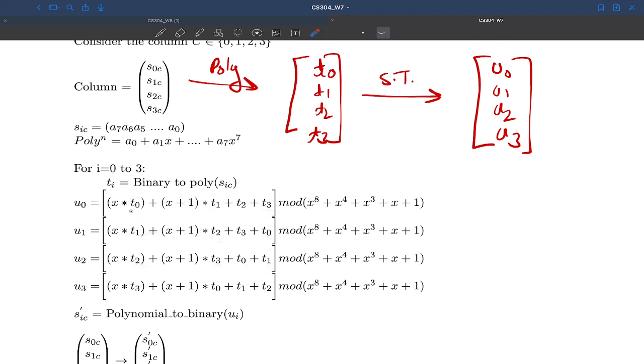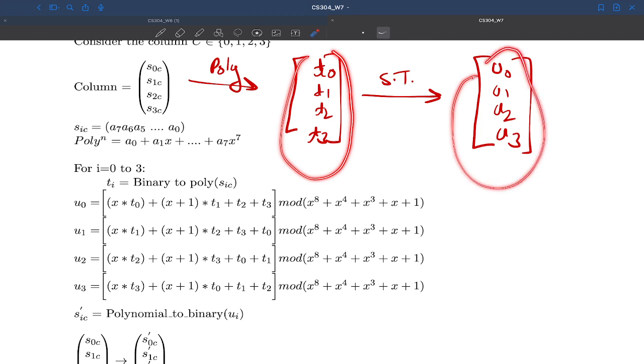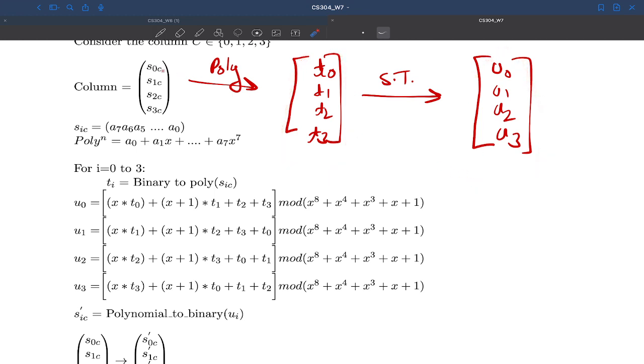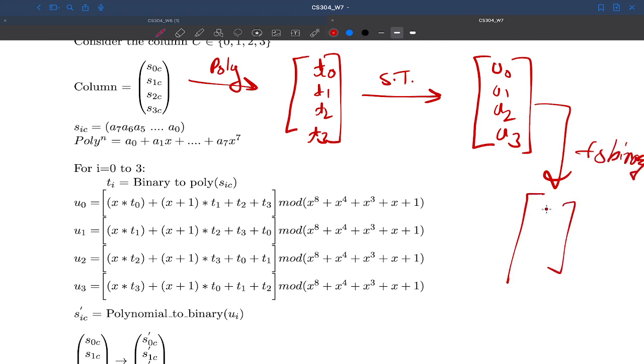So from these T polynomials you will get some new polynomials. First you converted the binary strings to polynomials, then you did some transformation and got some new polynomials. Now you again convert these transformed polynomials to binary, and that will be my S dash 0c, S dash 1c, S dash 2c, S dash 3c.